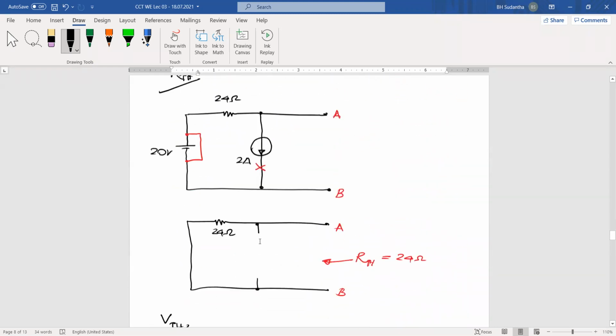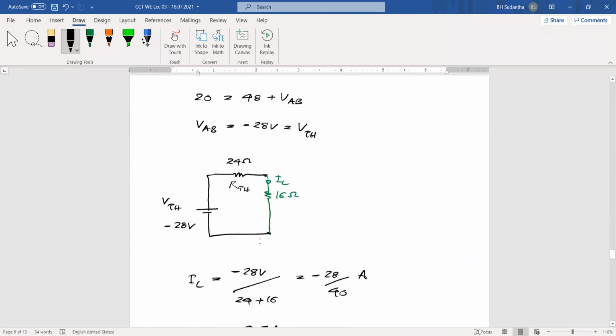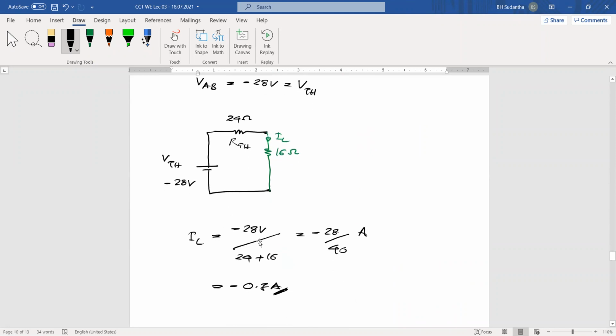After finding the Thevenin equivalent circuit, it will be converted into a very easy situation, and we can add the previous component again. Then you can find the current going through it or the voltage across it, whatever you want. It will be very easy when you apply Thevenin's theorem to this type of circuit.